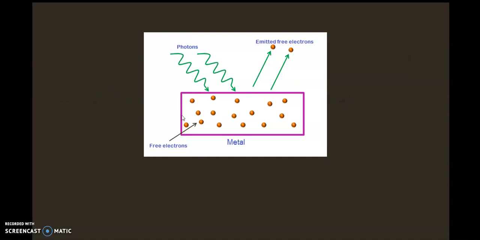When a photon of frequency nu 0 strikes an electron in a metal, it imparts its entire energy h nu 0 to the electron. This energy enables the electron to break away from the metal or atom.